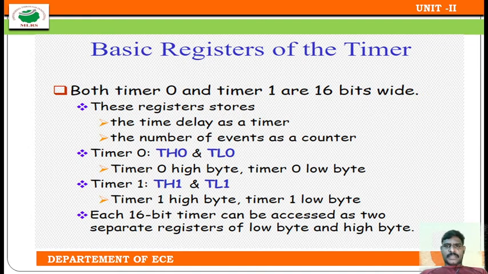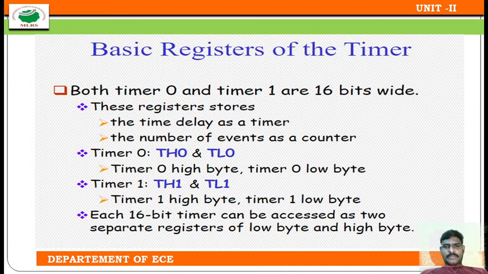If you see the basic registers of a timer, both timer 0 and timer 1 are 16-bit wide, which means each timer has a 16-bit register. The registers can store the time delay for the timer. How much delay do we want to generate? 1 millisecond, 10 milliseconds, 1 second, or 2 seconds. That type of information, in terms of hexadecimal, these timers hold.